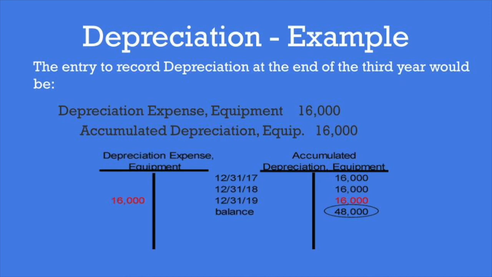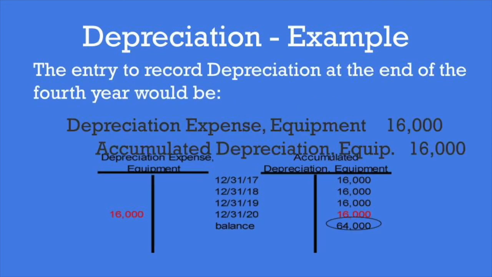And the same would take place in the third year. Another $16,000 of depreciation expense will be added, and our total accumulated depreciation will be $48,000. The entry in the fourth year would be another $16,000, so a total of $64,000. So effectively what this does is it records the wear on the item as it gets used up.